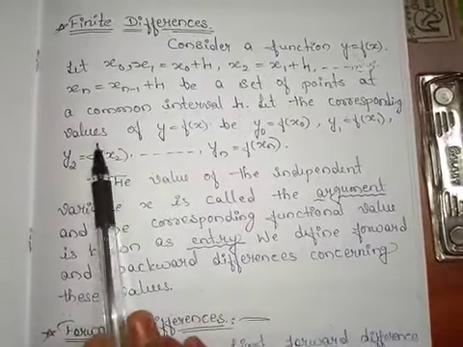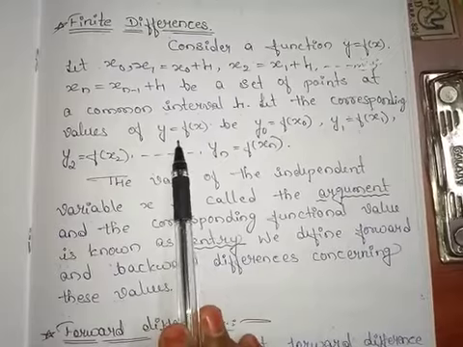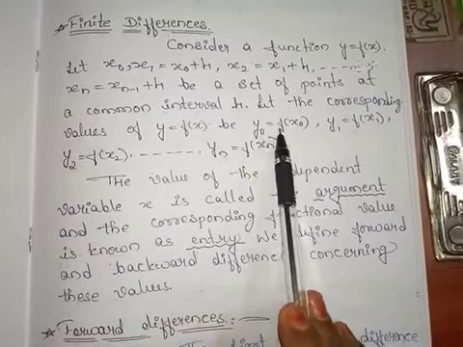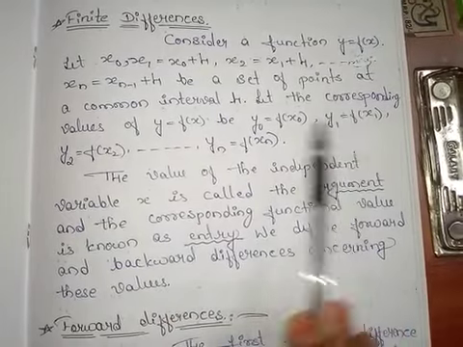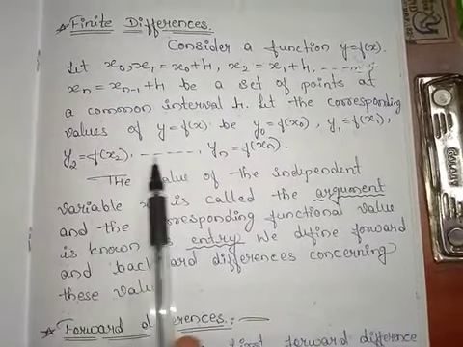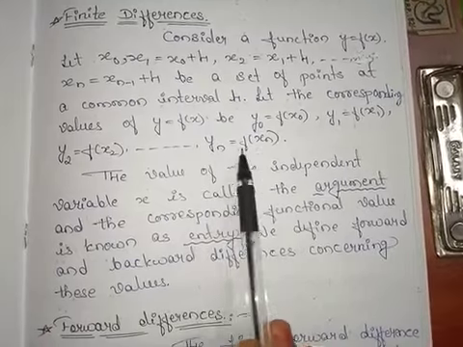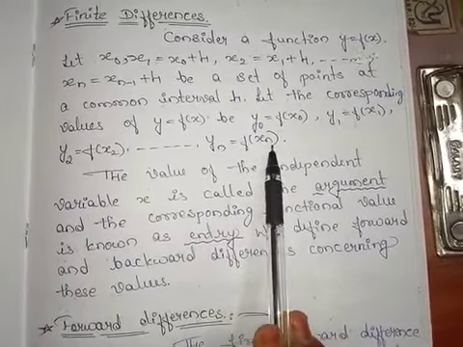Let the corresponding values of y is equal to f of x be y0 is equal to f of x0, y1 is equal to f of x1, y2 is equal to f of x2, and so on to yn is equal to f of xn.